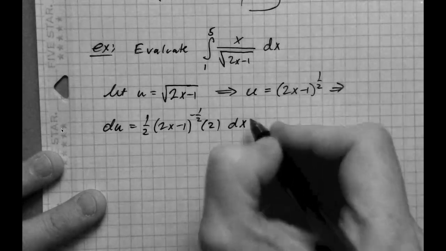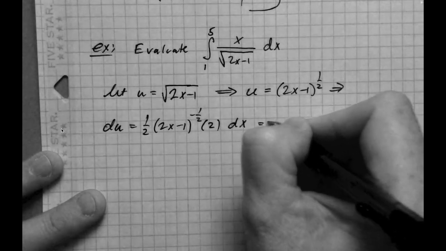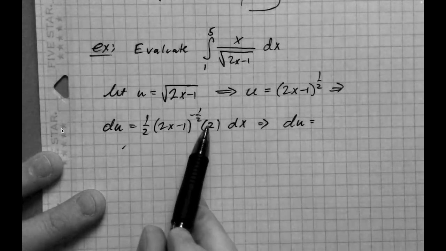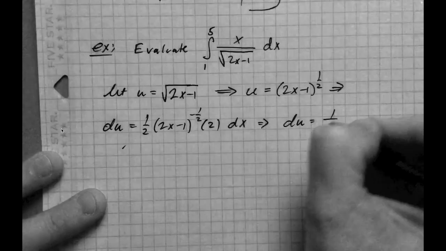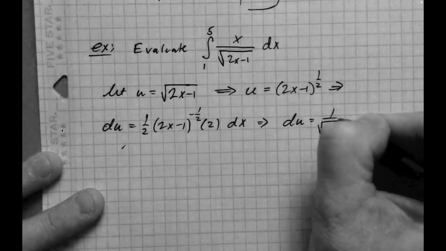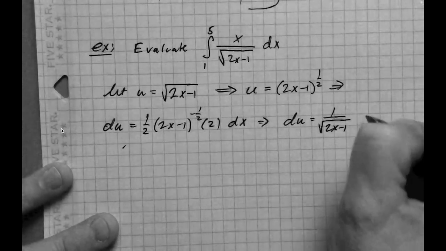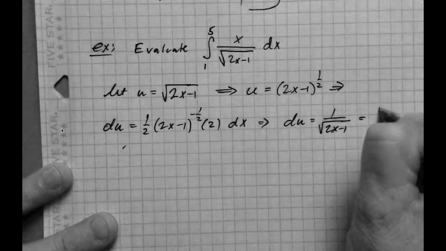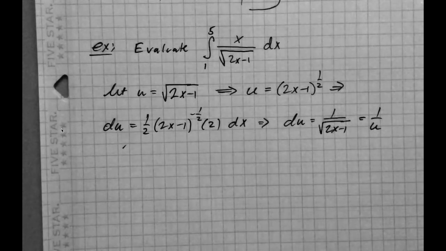Which is equal to, the 2's cancel, and I really just get 1 over the square root of 2x minus 1. So really this is 1 over u, isn't it? So we've kind of gone around.